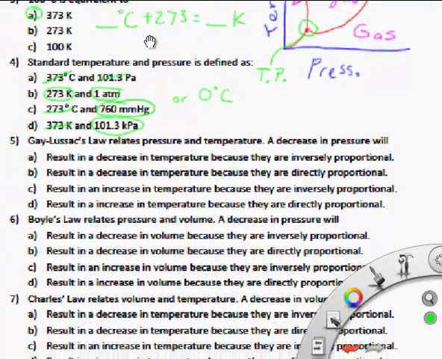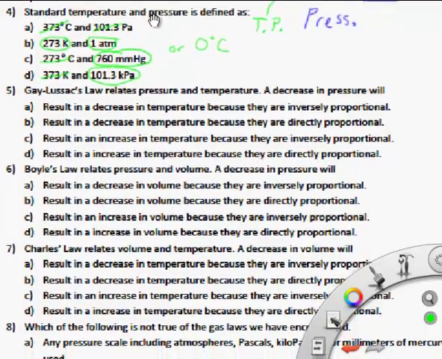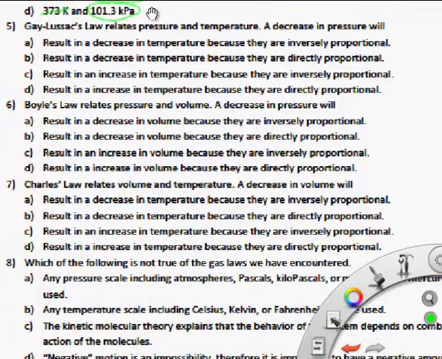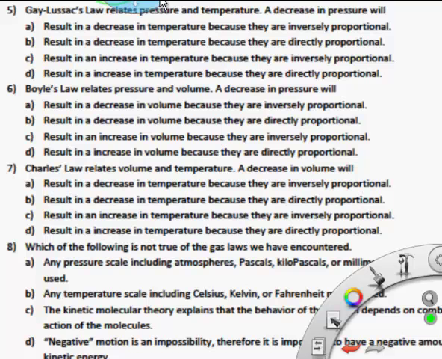Next, we're going to look at the questions revolving around Gay-Lussac's law, Boyle's law, and Charles's law. Gay-Lussac's law relates pressure and temperature. A decrease in pressure will result in a decrease in temperature because they're inversely proportional.